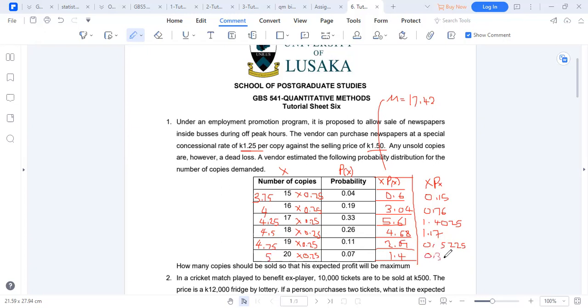This one is just helping us find the actual profit. So 0.35 plus 0.5225 plus 1.17 plus 1.4025 plus 0.76 plus 0.15. So the total is 4.885.